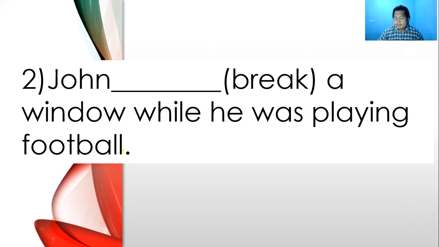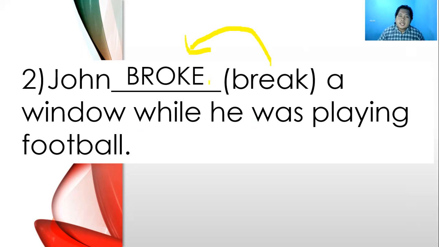The past tense of the word break is broke. Okay, so from break to broke. Is this a regular or an irregular verb? Correct. That is an irregular verb. Why? Because we changed the spelling of break to broke.